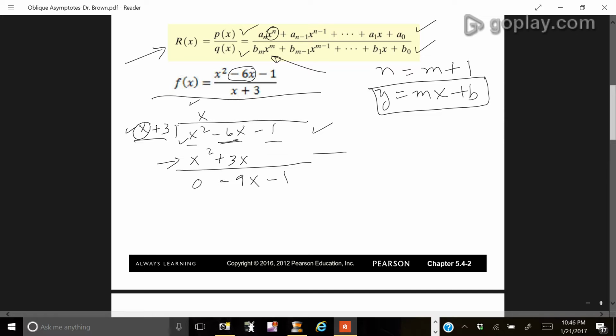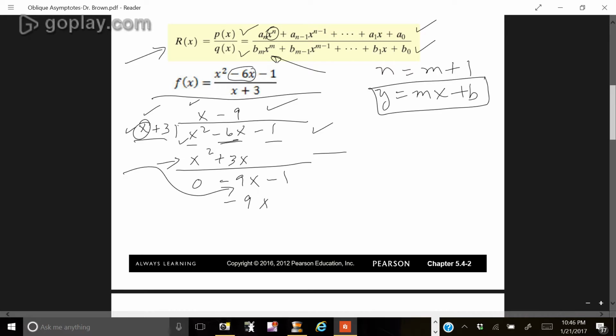Now we take x and divide it into minus 9x, and we get minus 9. And now we multiply: minus 9 times x is minus 9x, and minus 9 times 3 is minus 27.